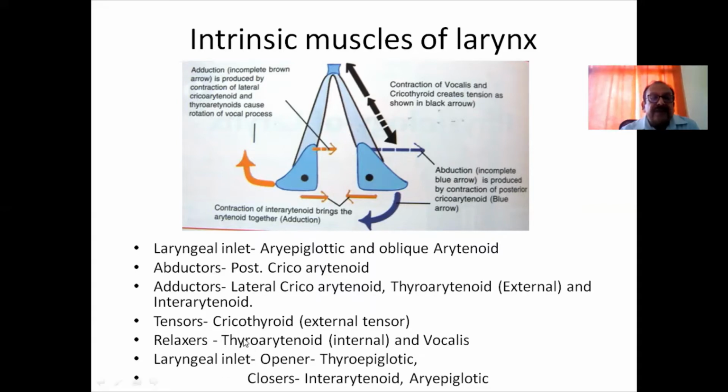The tensors of the vocal cord, these are cricothyroid, external tensor. Relaxers are the thyroarytenoid, internal, and vocalis, and the opening of the laryngeal inlet is by means of thyroepiglottic, and the closure is by interarytenoid and the aryepiglottic muscles.